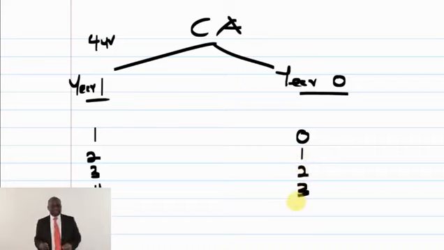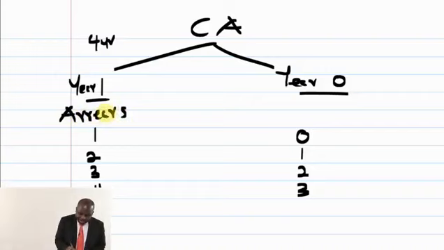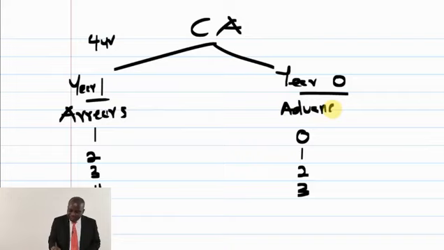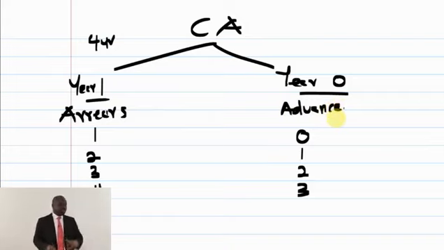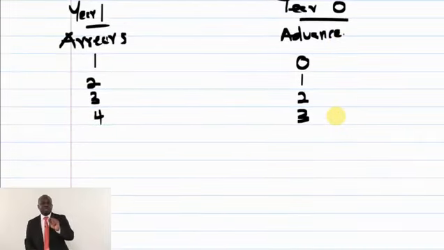In other words, the examiner will say capital allowance is supposed to be claimed in arrears, or is supposed to be claimed in advance. So when he tells you it is to be claimed in arrears, year 1. In advance, year 0. In other words, the examiner will give you the accounting date.